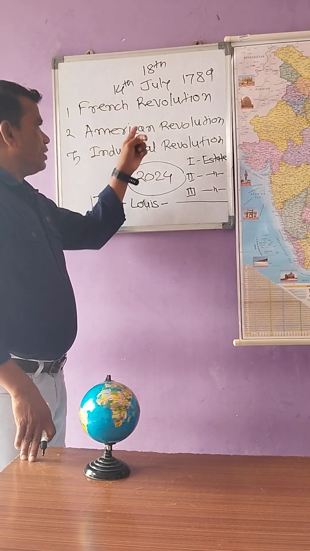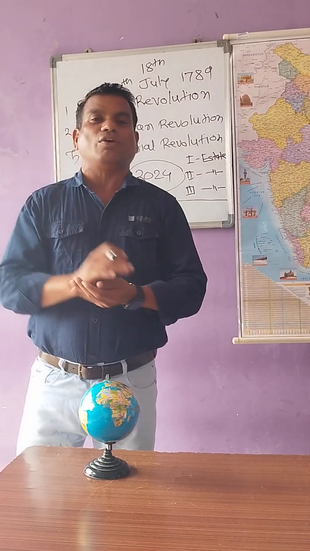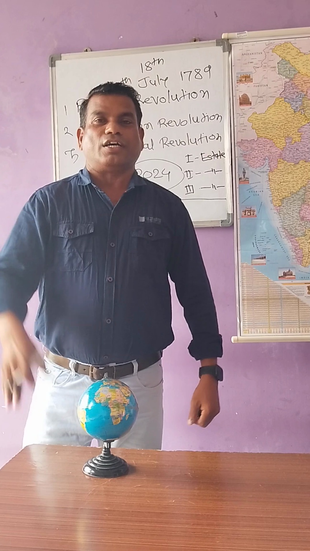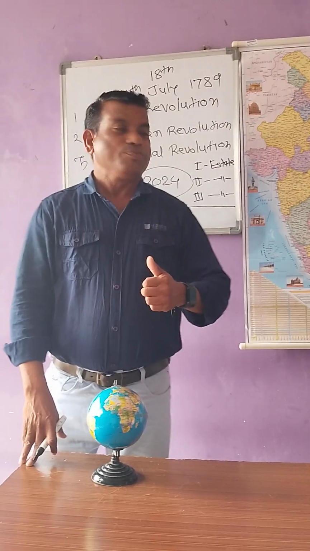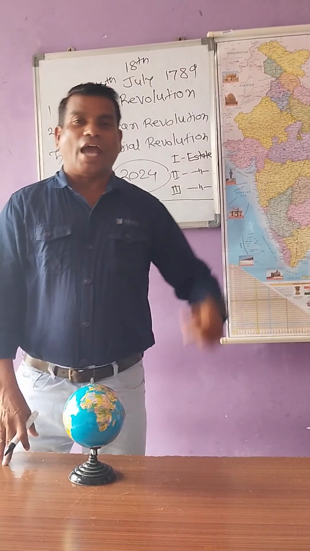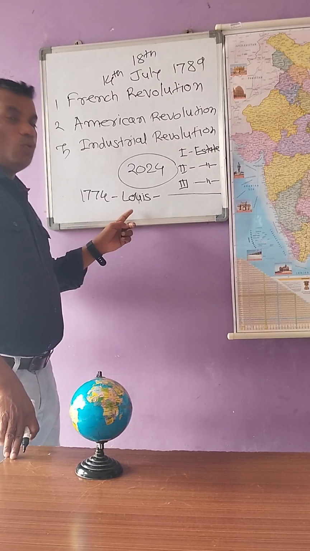In the 18th century the population of France increased rapidly, but the entire country was suffering from problems like starvation and unemployment. In such a condition, Louis XVI and his wife Marie Antoinette led a very lavish life.